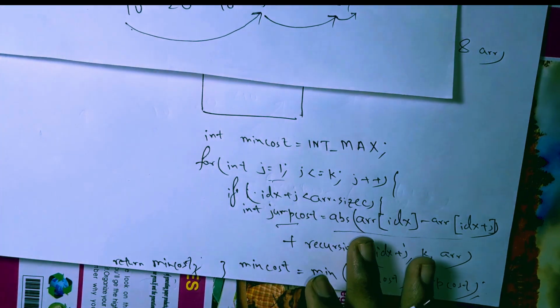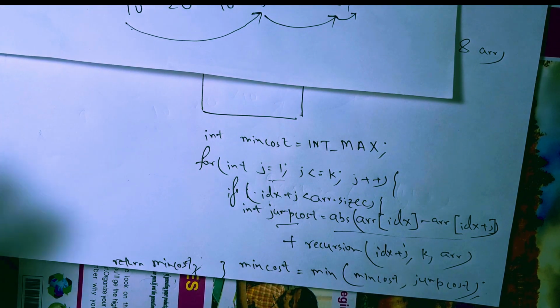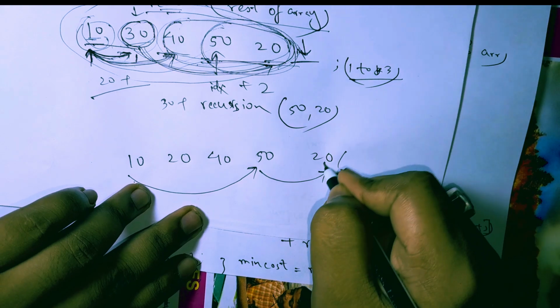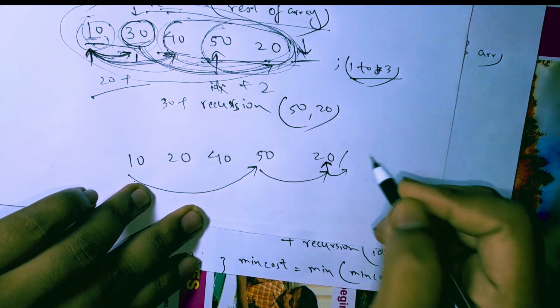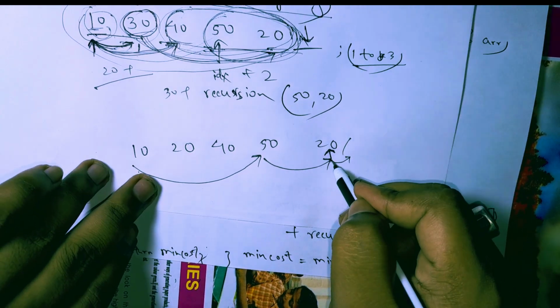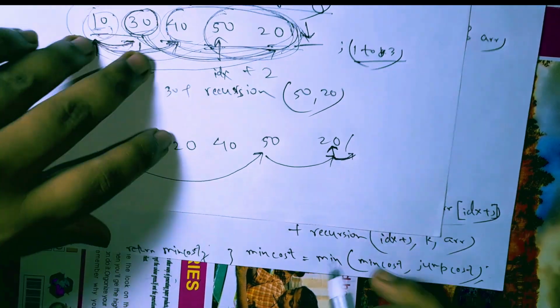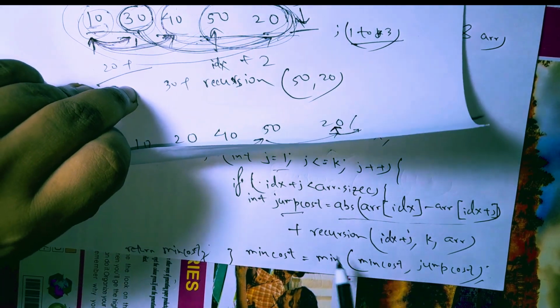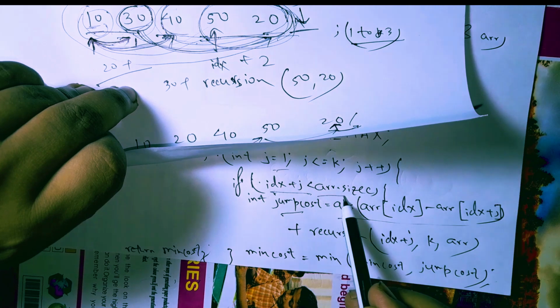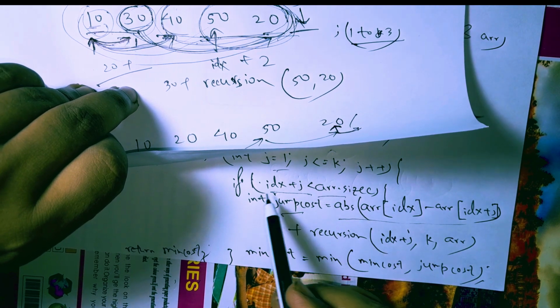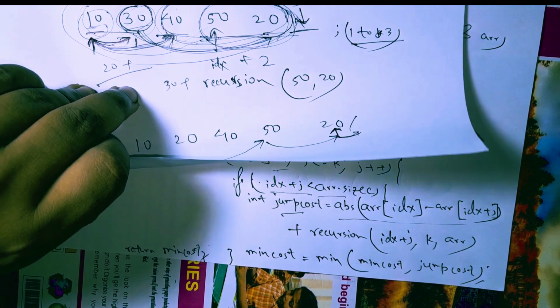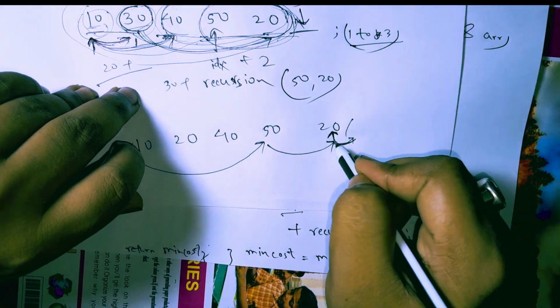So what will be our base condition? When my index is here only. Because if I check j plus 1, see this condition: if index plus j is less than array size, and if it is greater, then it will break the for loop. Then I have to check if my index is here or not.